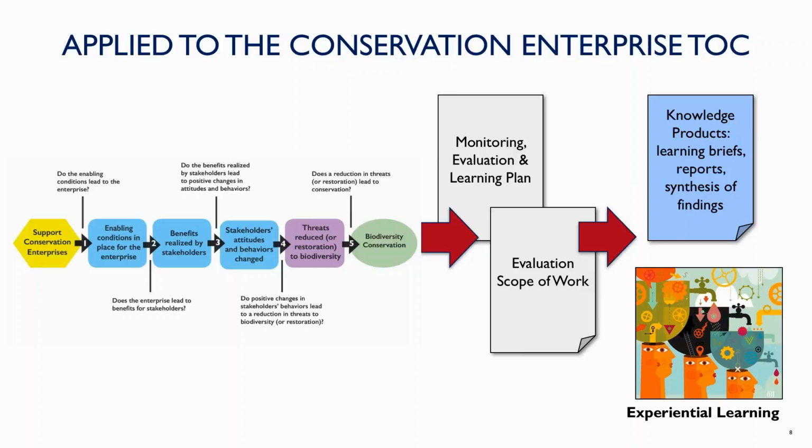And this is something that we've done with this learning group. We've got our theory of change, we've got Measuring Impact's MEL plan, Measuring Impact has done an evaluation, and then we produce knowledge products, some of which you'll see today, and then experiential learning, for example, this webinar.